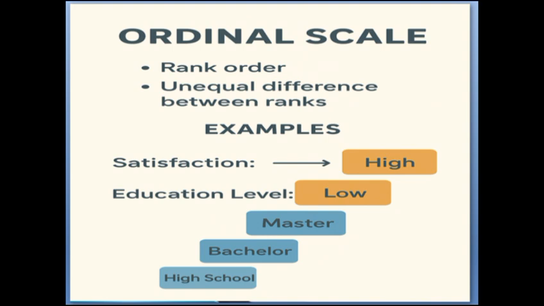For instance, the difference between high school and bachelor may not be equivalent to the difference between master and PhD. In analysis, median and non-parametric tests like Mann-Whitney or Kruskal-Wallis are used. Ordinal scales answer which is more or less, but not how much more.